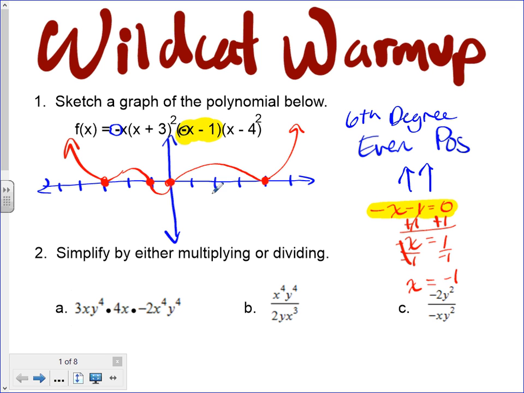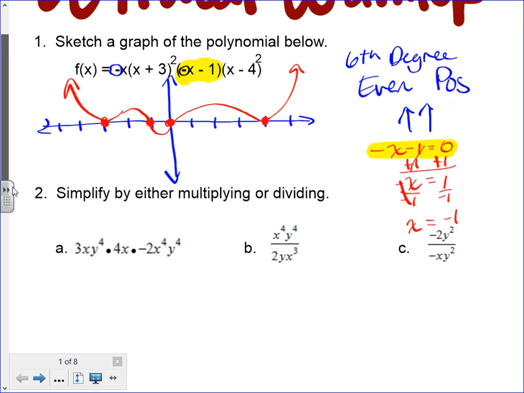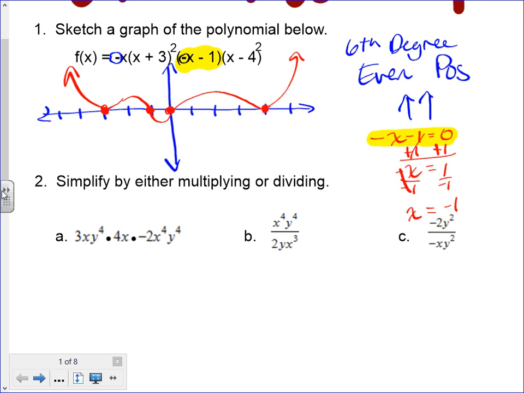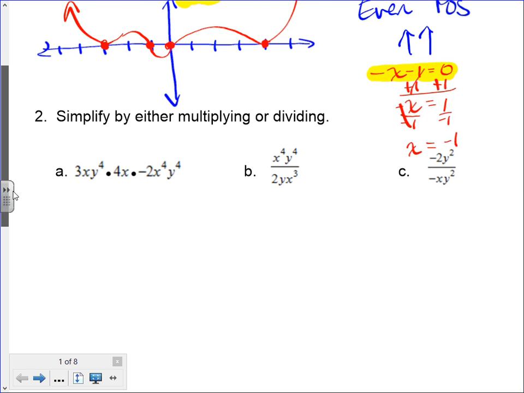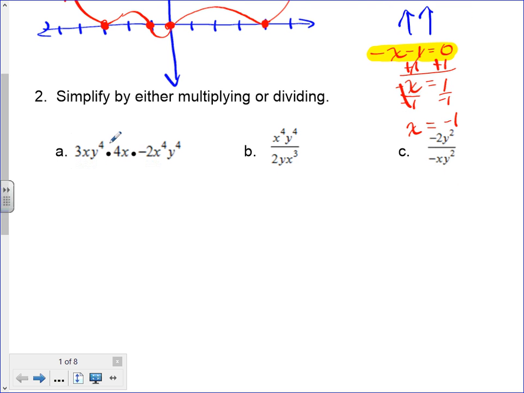Other questions on the number 1? Number 2, simplify by either multiplying or dividing. So A is a multiplication problem. So all I'm doing is multiplying these 3 monomials together.